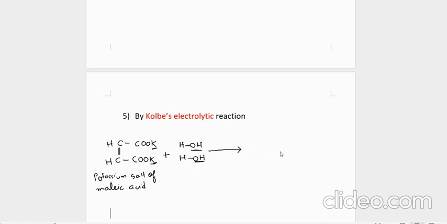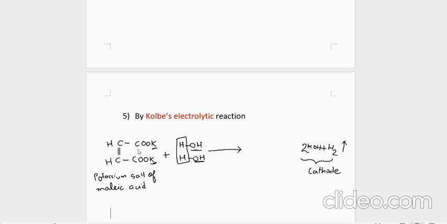Potassium and hydroxyl groups react together to form KOH, so you have two potassium hydroxides. Then you have two hydrogens, which are going to evolve as hydrogen gas. These take place at cathode.